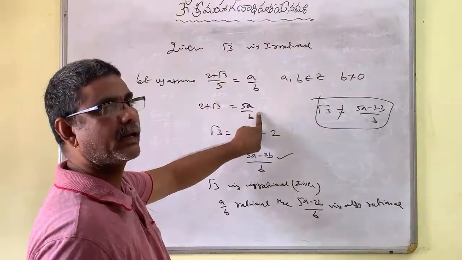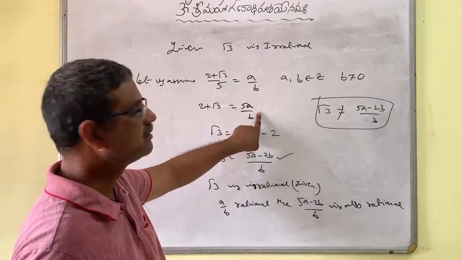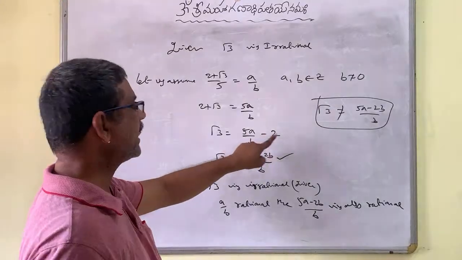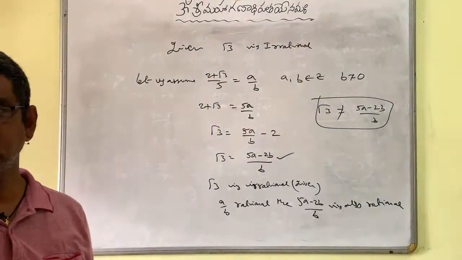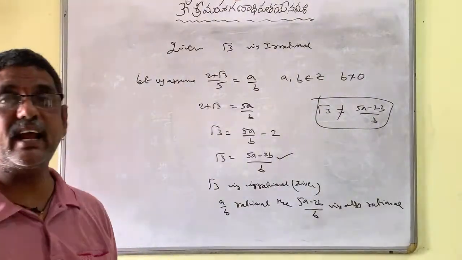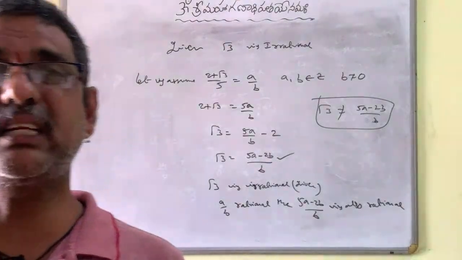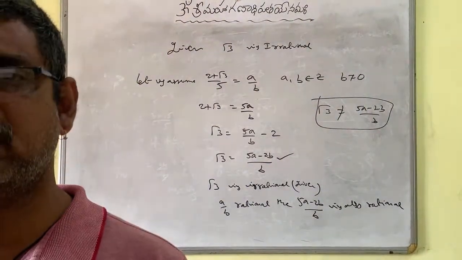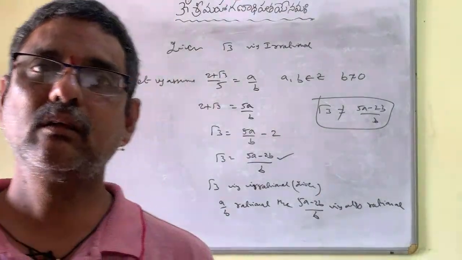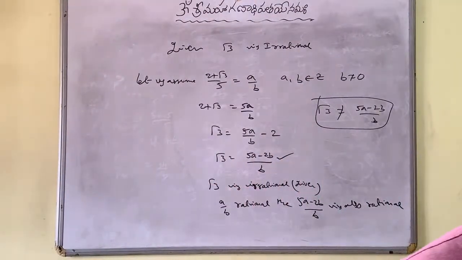Then 5 times a by b is also rational. Rational into rational is always rational, and rational subtracted from rational is always rational. So this number is rational, but root 3 is irrational, given. An irrational cannot be equal to a rational, so our assumption is wrong. So (2 plus root 3) by 5 is an irrational number. Okay?